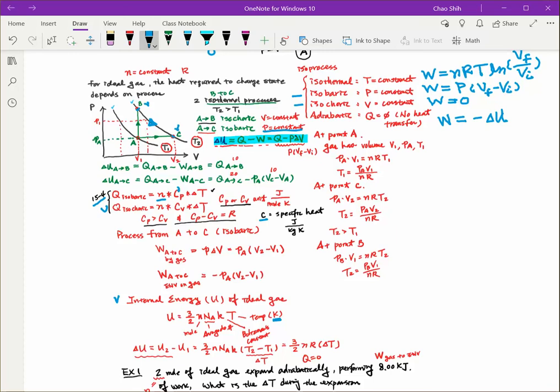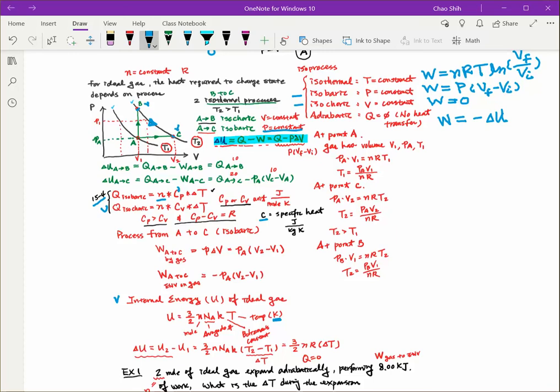Now, we are looking at a change of U. If you look at the change of internal energy, then you have U2 minus U1. U2 will represent a different temperature, U1 will be another temperature. If you write this equation to represent U, you will find out the change of internal energy is equal to 3 over 2 n N_A k.